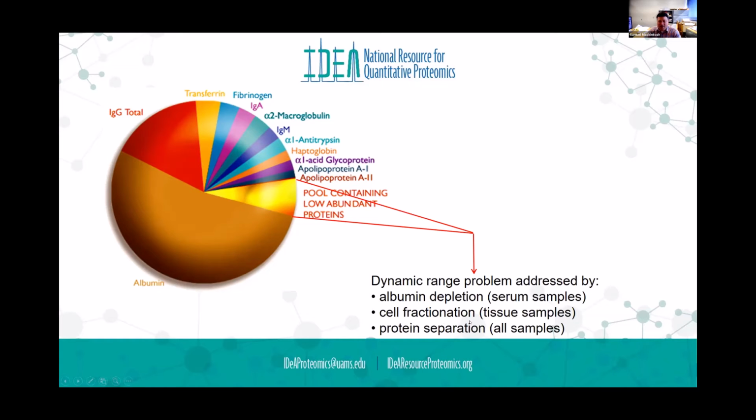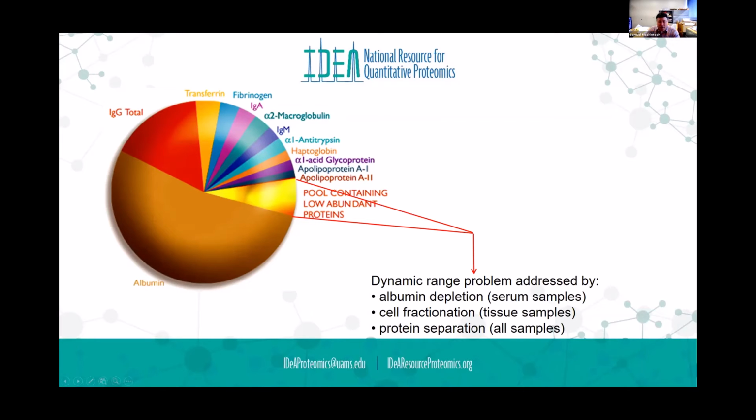With cell lysates, we typically don't discard anything, but we fractionate the total peptide complement many times. And we'll look in more detail at the peptide fractionation in a minute.